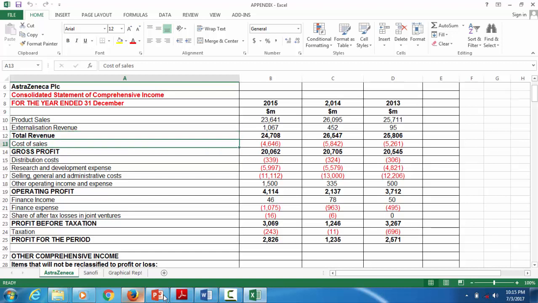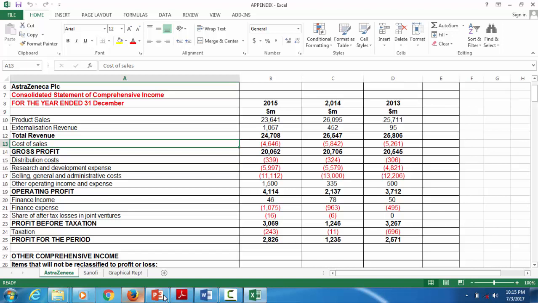So cost of sales becomes a very important component you need to focus on when you are analyzing gross profit margin. This explanation can be applied to any other ratio for you to understand the components of the ratio.